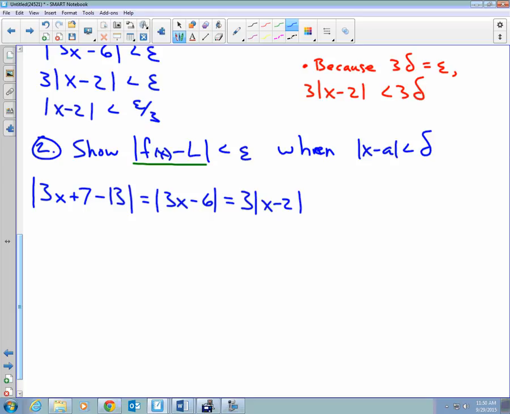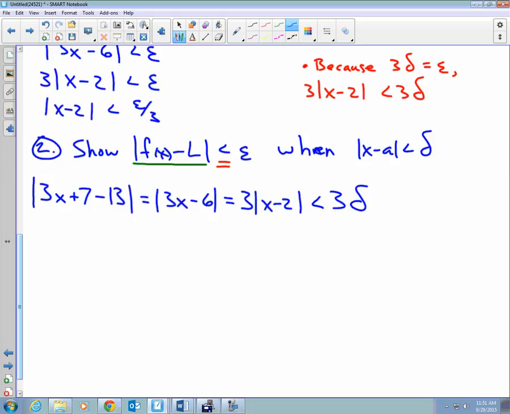Oh, that looks good. You see my writing in red? What is that less than? 3 delta. I'm now ready to put that inequality sign in there. Less than, and as you guys said, 3 delta.